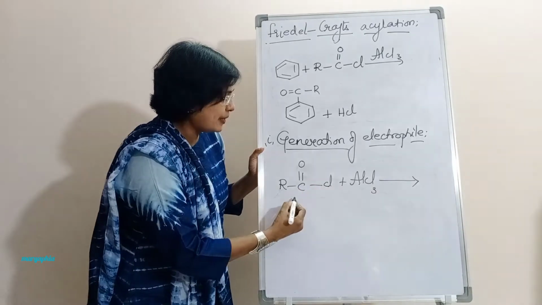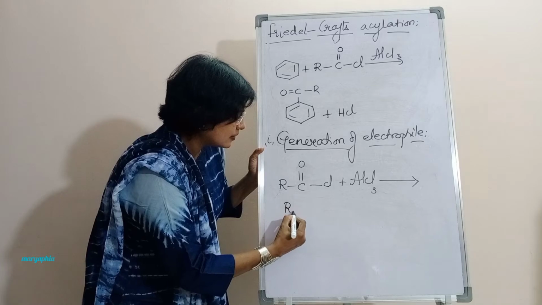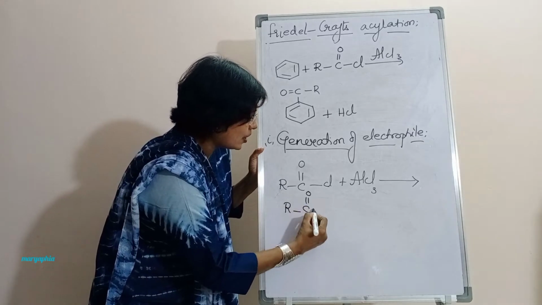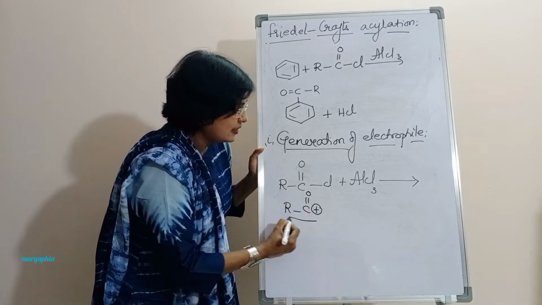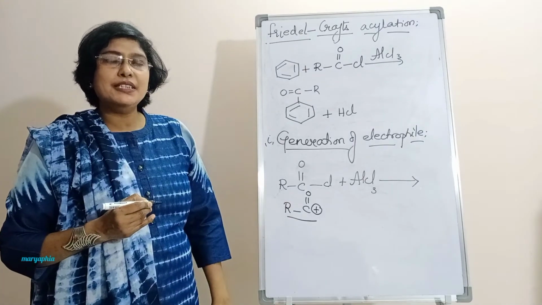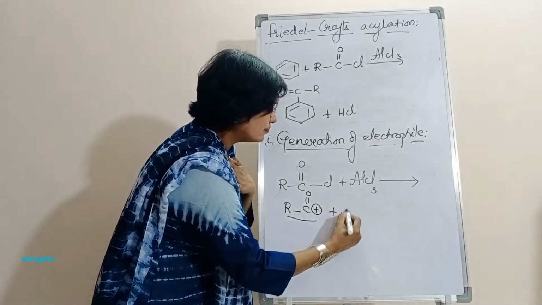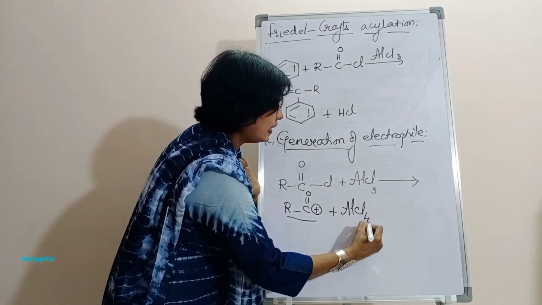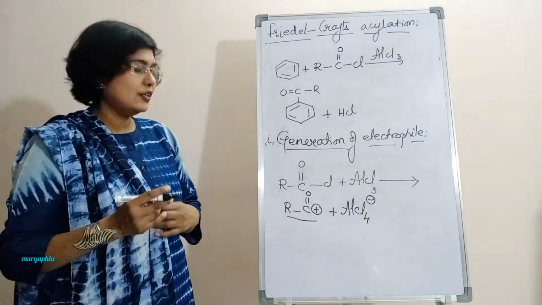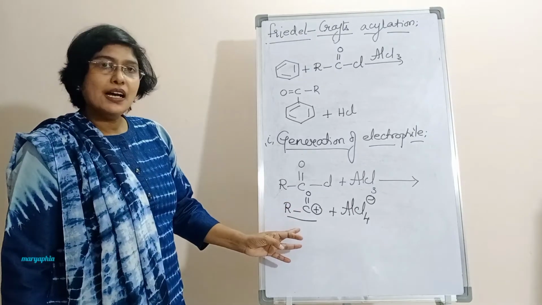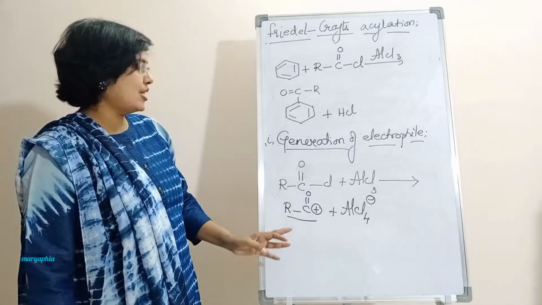So what happens now? RC double bond O plus. Okay. This is the electrophile which is called acylinium ion, plus AlCl4 minus.